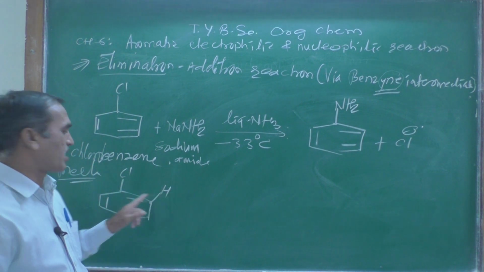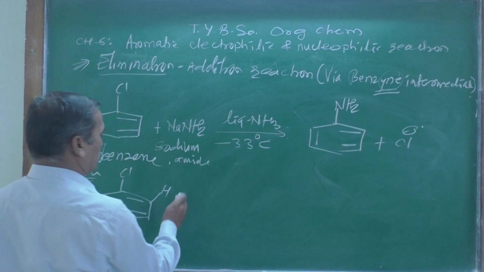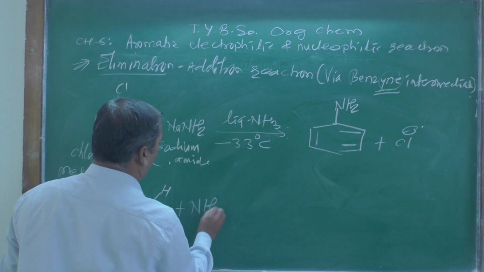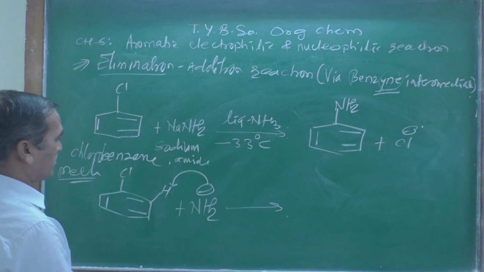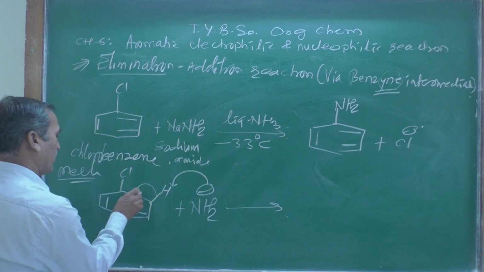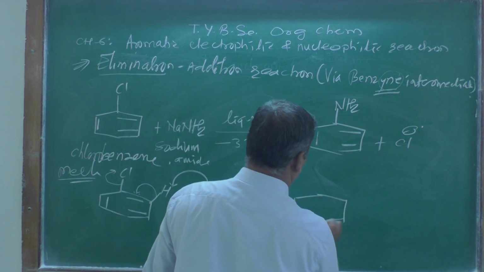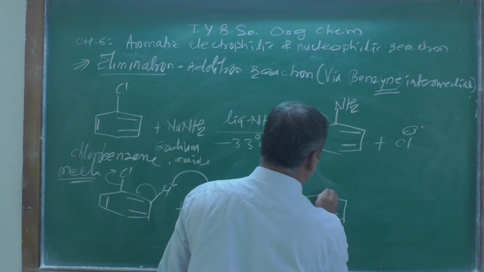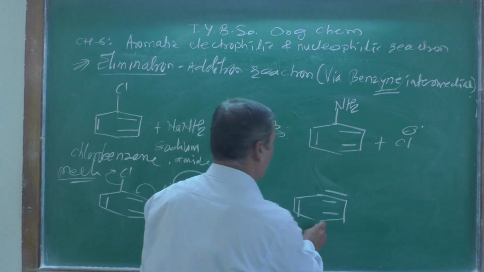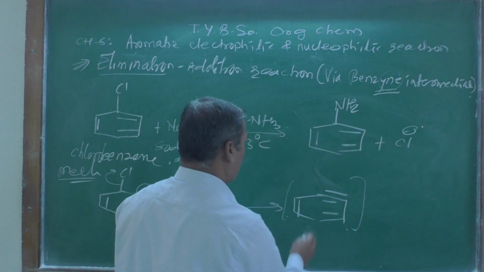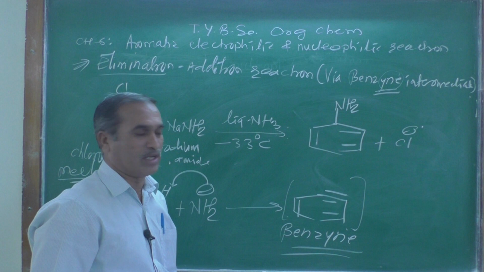I am showing one side; there are two identical ortho positions. Now NH2 minus, this amide, can abstract the ortho proton from here like this, leaving its bonding pair, with departure of the leaving group, and here we get such an intermediate. Look carefully, there is a carbon-carbon triple bond, and this type of intermediate is known as a benzyne intermediate.